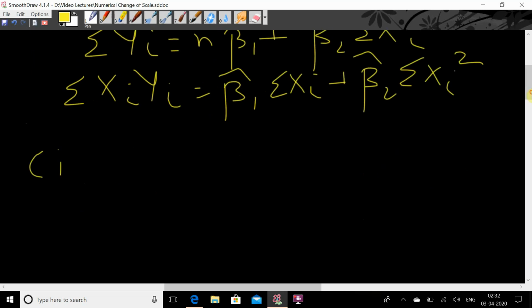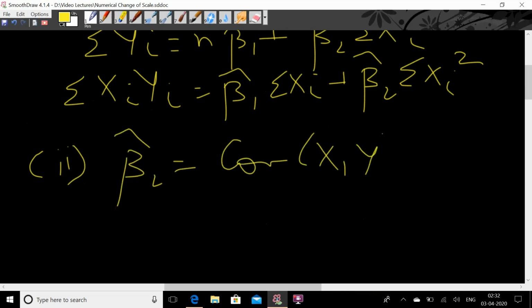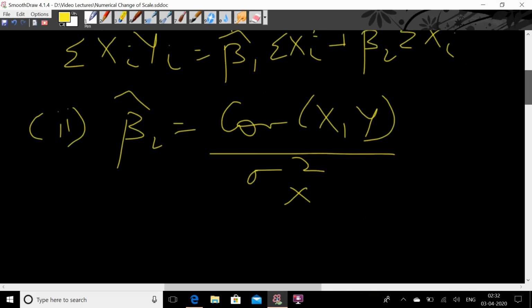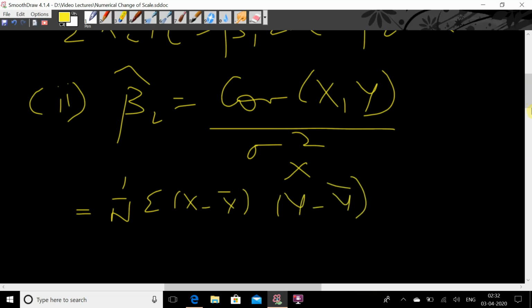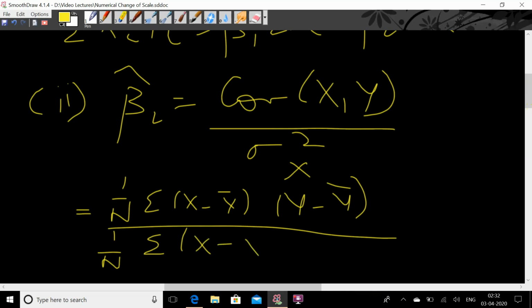The second formula is beta 2 hat is equal to covariance xy upon variance of x. This leads to 1 by n summation x minus x bar into y minus y bar upon 1 by n summation x minus x bar whole square. The 1 by n terms get cancelled out.